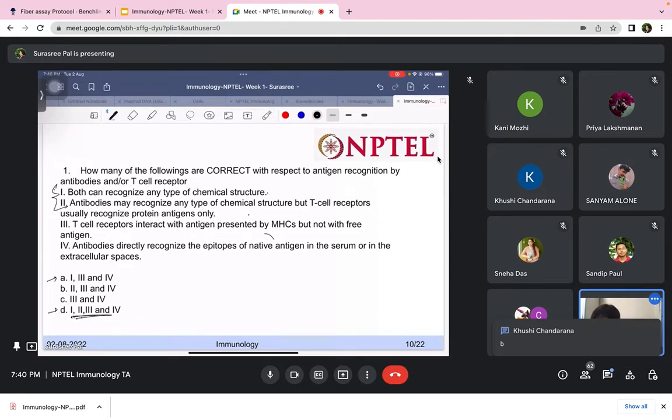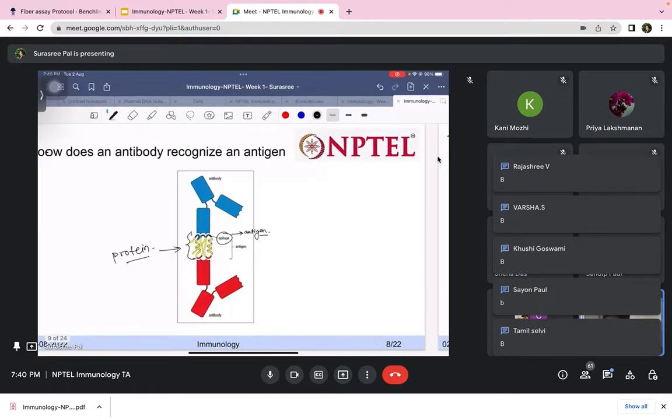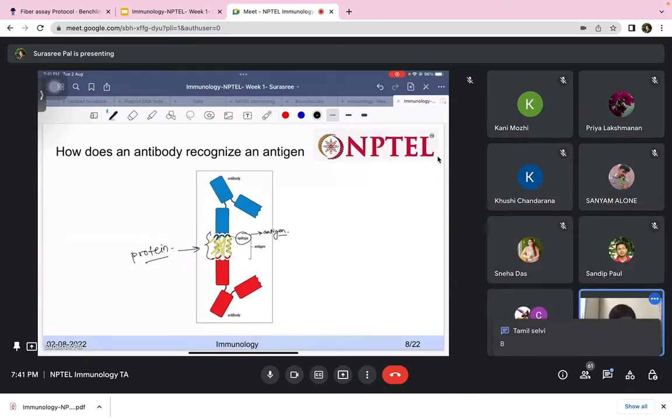Here native means that the antigen is not processed, as we saw previously: the protein antigen is in its native form, that is, in its 3D form.